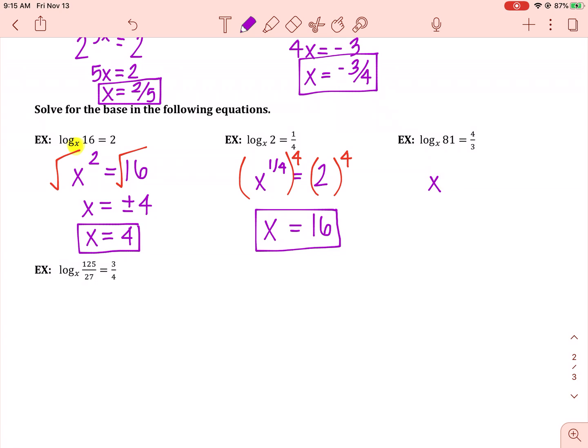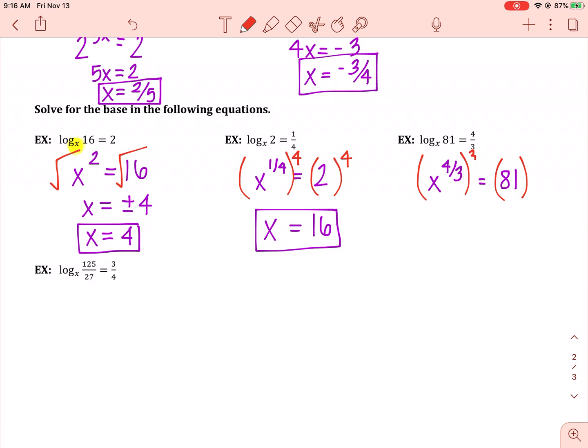You have next example, x to the 4/3 equals your argument. I want to undo that exponent. I want to get it to be 1. So think about it. What should I raise both sides to in order to get x to the first?